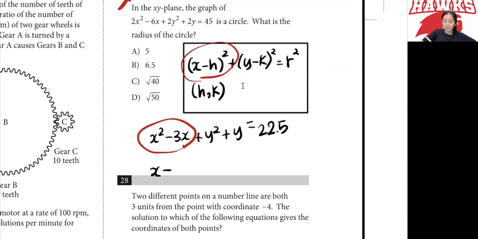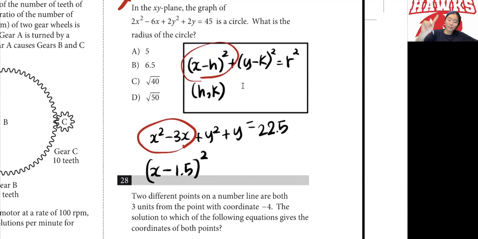And the h times 2 times x is going to be negative 3x. So we need to think in reverse. That's going to be 3 divided by 2, and that's going to be negative 1.5. And we can always check by doing a reverse of the reverse: x squared minus 1.5 times 2 times x, which is 3x.